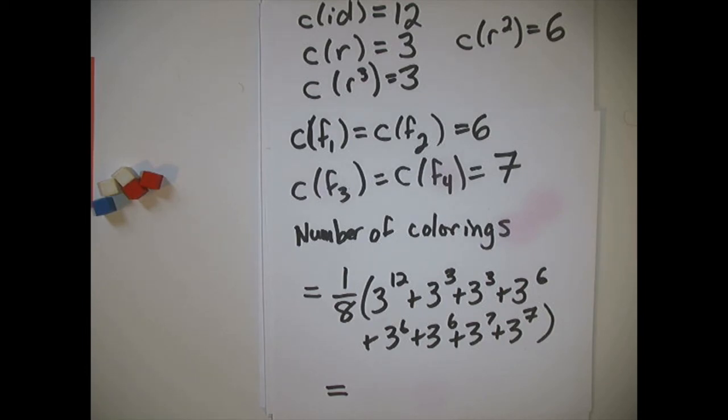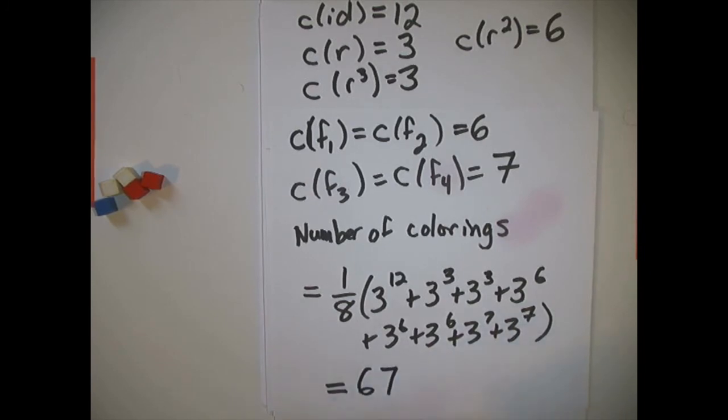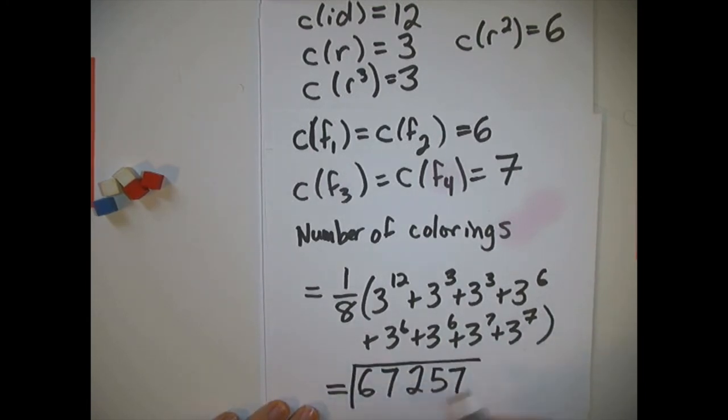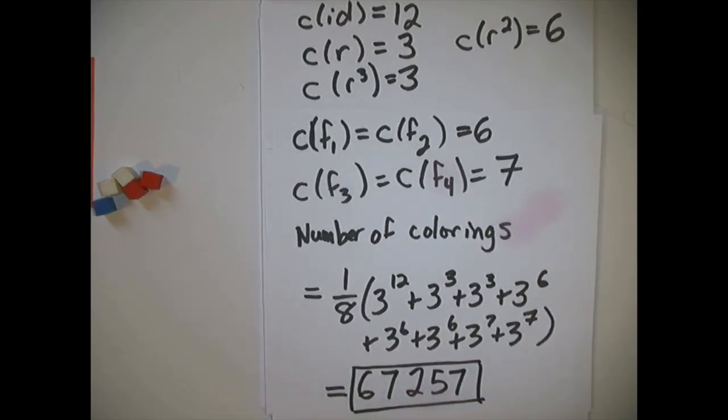Okay, and we will get that, in fact, the number of these windmills works out to be 67,257. That is the total number of visually distinct ways to arrange these cubes.